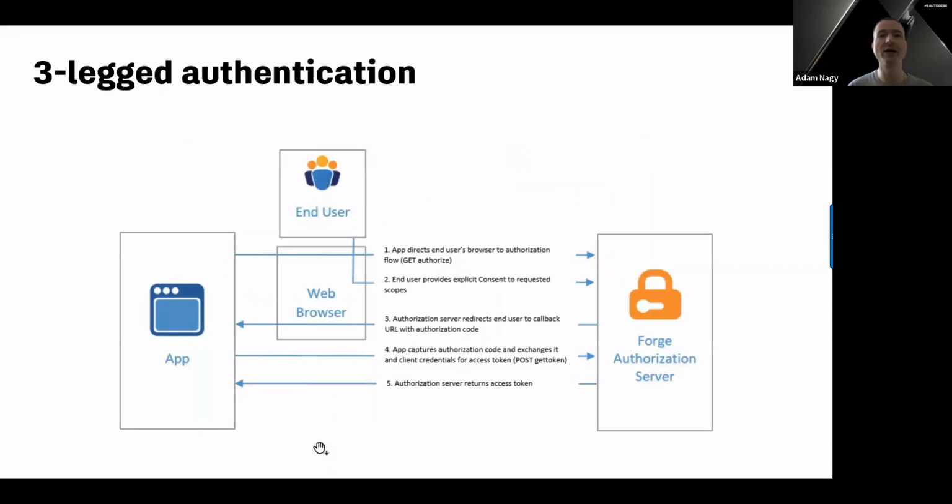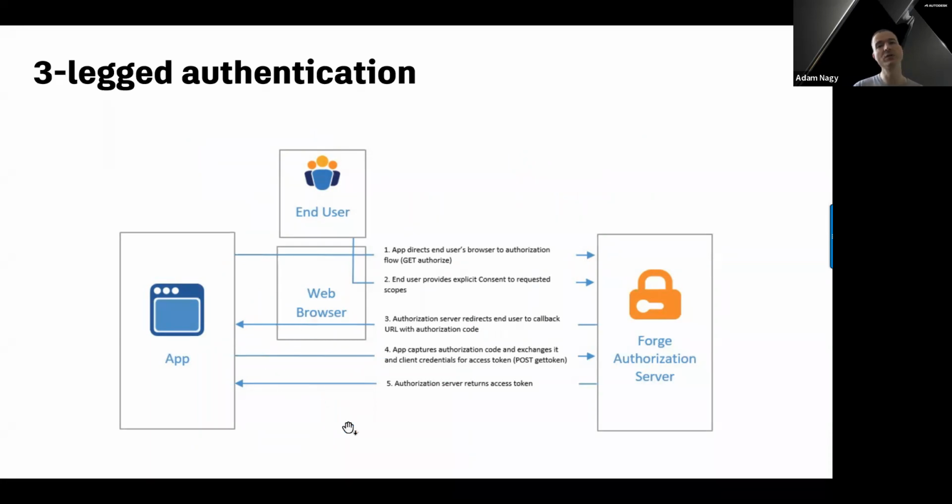Yesterday, we were using two-legged authentication because in that case, we were only creating buckets, which are private to your own Forge application. It's not related to anything else, to BIM 360, Fusion Team, or anything. Those buckets are specific to the given Forge app that you created on our website.